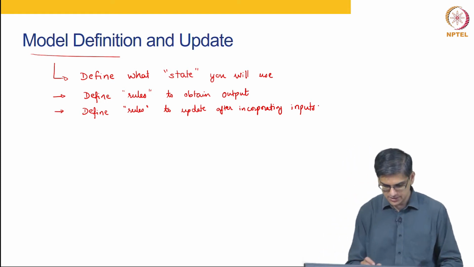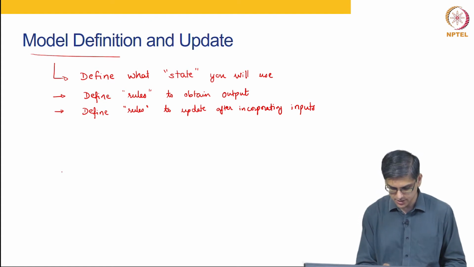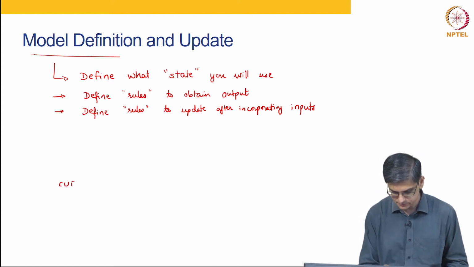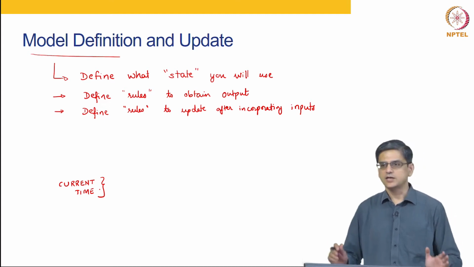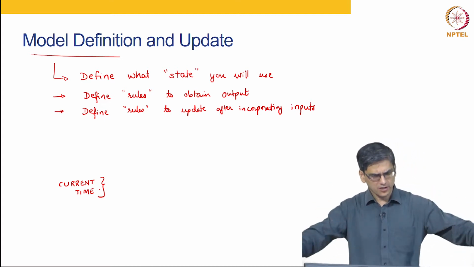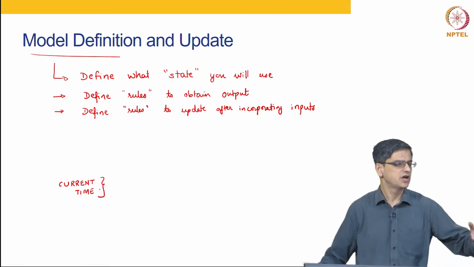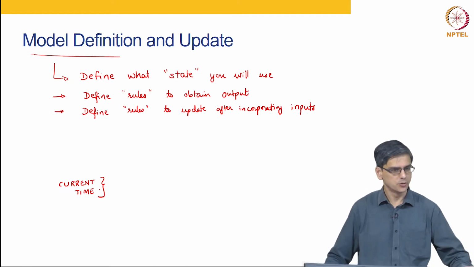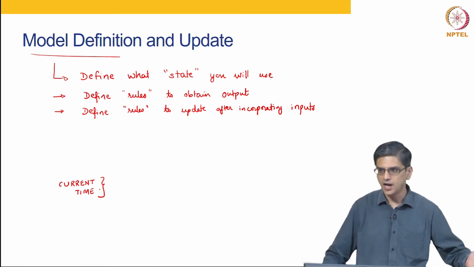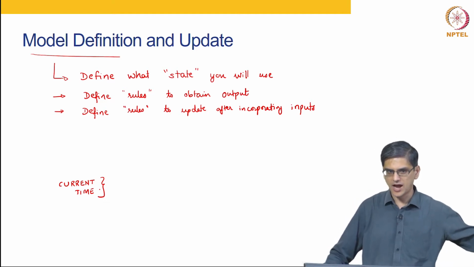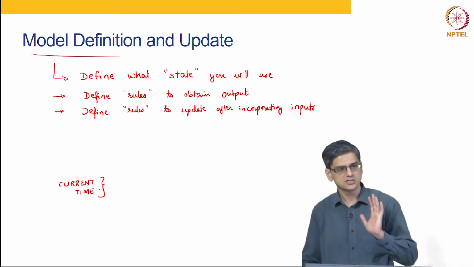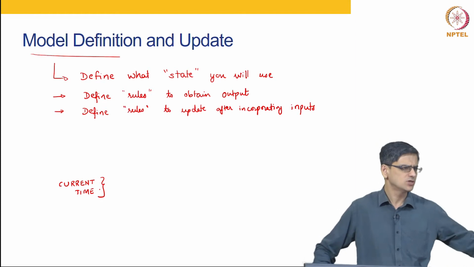Let us say we are at a current time. Somehow, in whichever way it might be, we have implemented our input at the previous time, and we have reached the current time. Let us not worry about how that input was implemented.